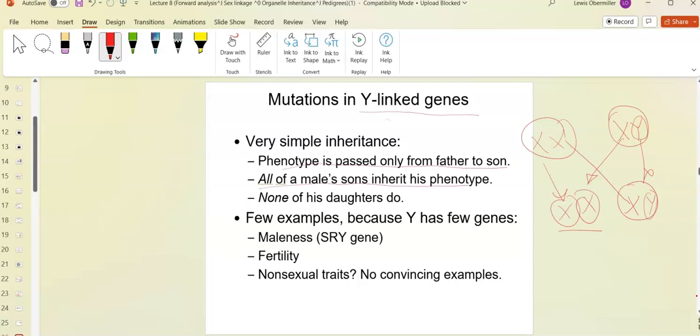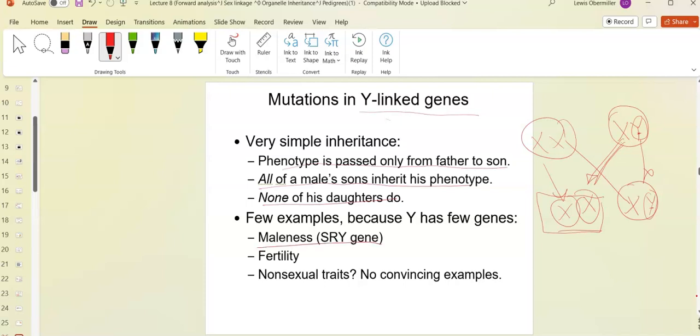All the male sons inherit this phenotype. So no matter what mutant is on here, it's also going to be inherited by their sons. None of the daughters do, because you cannot give any Y-linked chromosome to a daughter. You can only pass on your X. Otherwise, it wouldn't be a daughter, it would be a son.